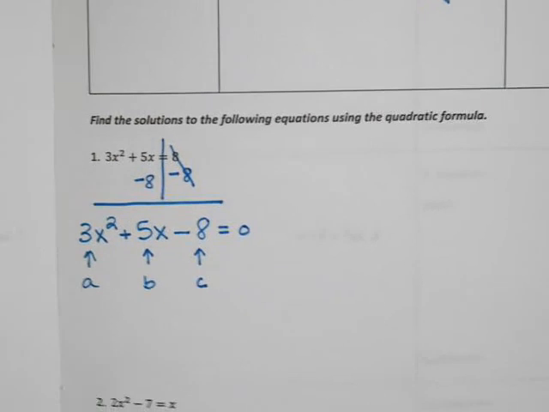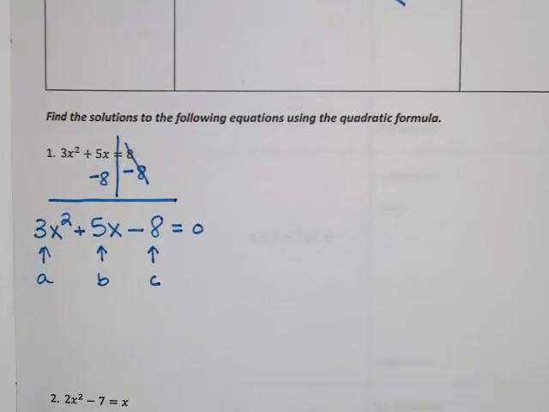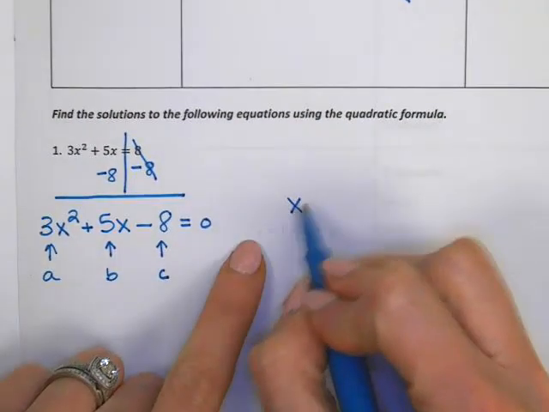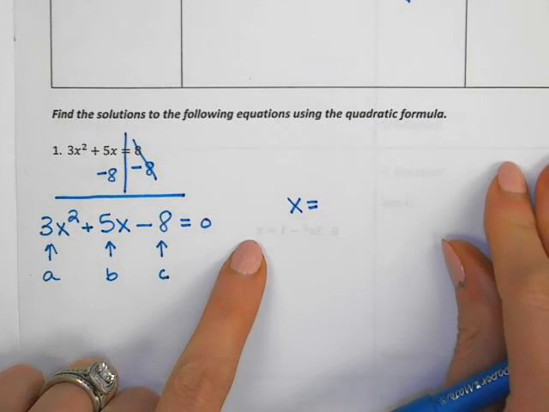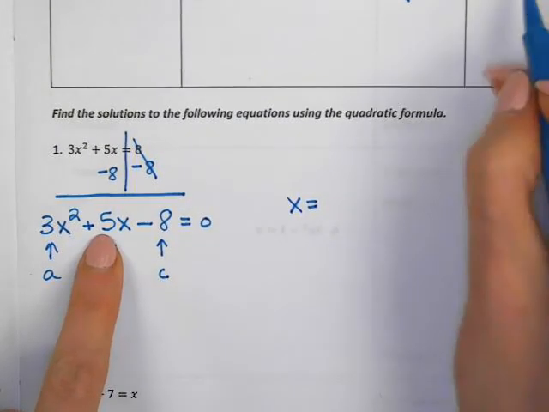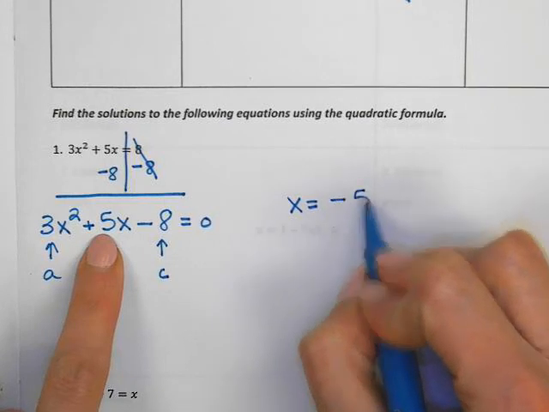All right, and now we're going to plug the numbers into our formula. So x equals negative b. So if b is 5, then negative b is negative 5.